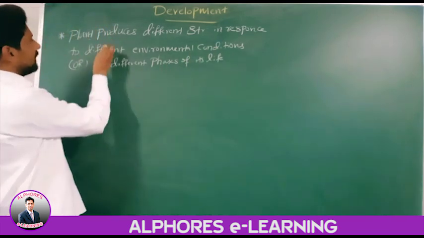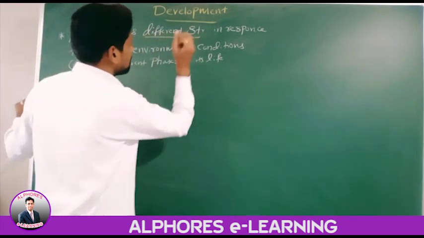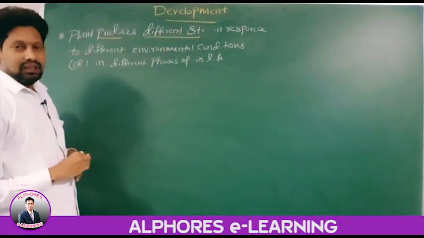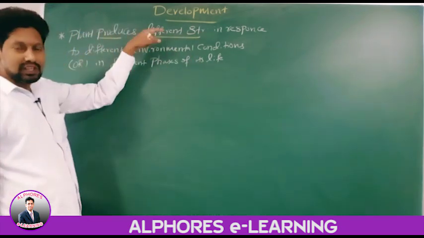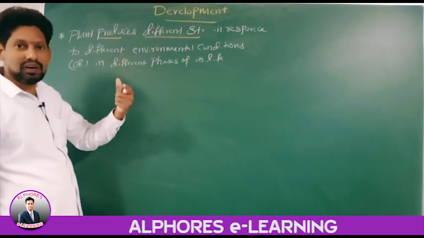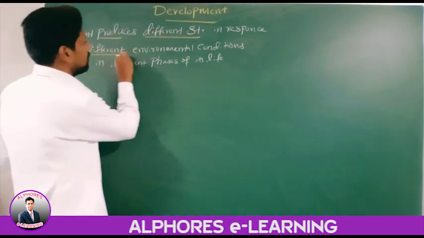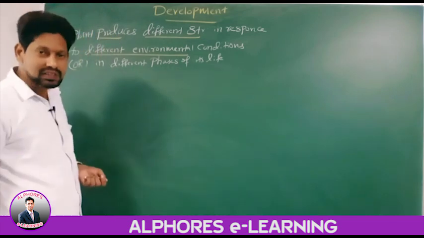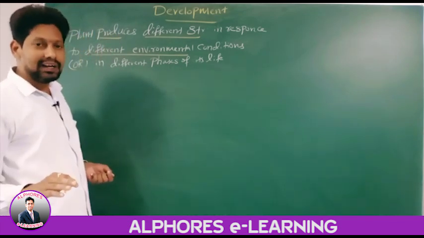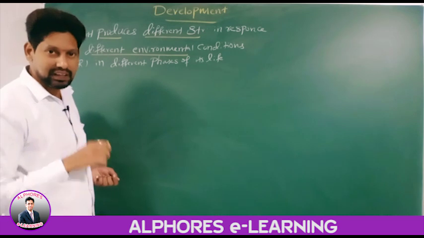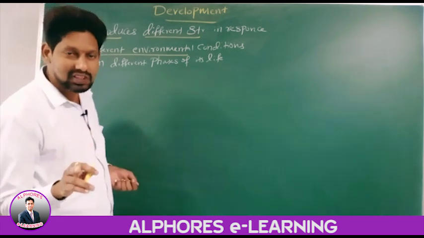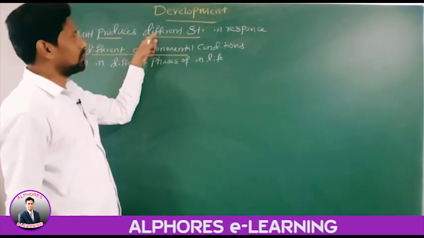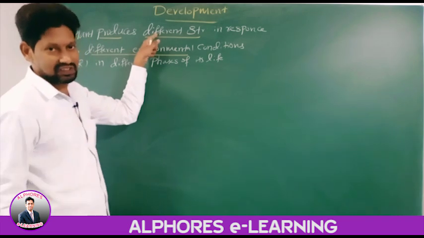Plant is producing different types of structures in response to what? In different environmental conditions. It means if the environmental condition in which the plant is living changes, the plant produces different types of structures.